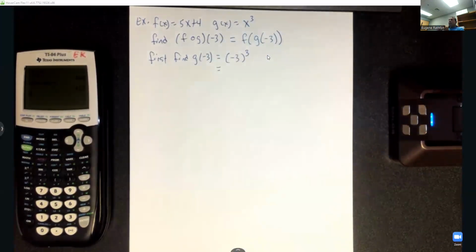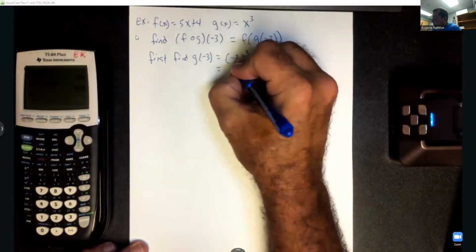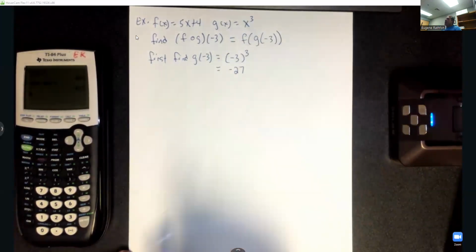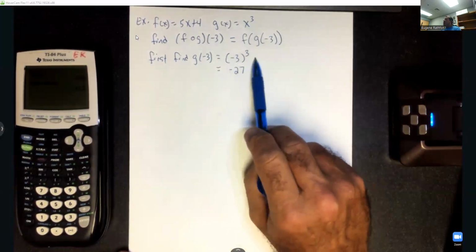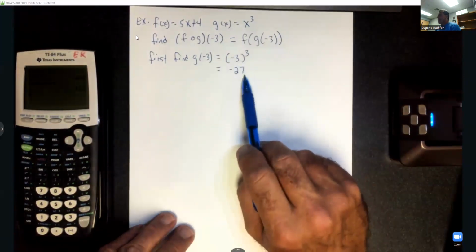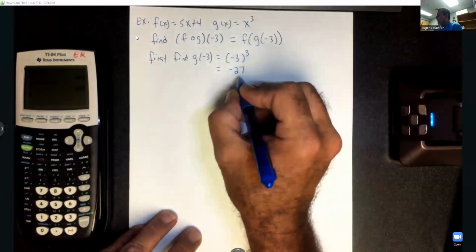All right, so what y'all getting on when I say -3 to the third power? Oh, that's pretty quick, -27. And that's a good job. I just wanted y'all to make sure, remember, negative numbers to odd exponents will stay negative, okay? All right, we got G of -3 was -27.